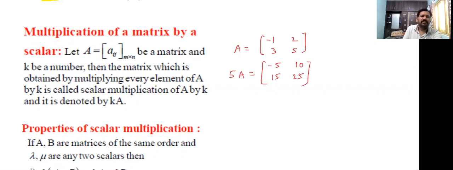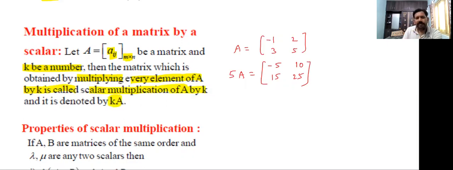Let's see the definition for that. A is equal to Aij, an m by n matrix, and K is a number. Then the matrix obtained by multiplying every element of the matrix by K is called scalar multiplication of A by K. It is denoted by KA.